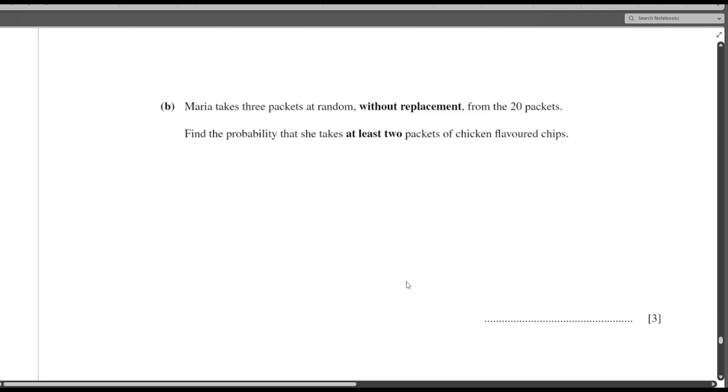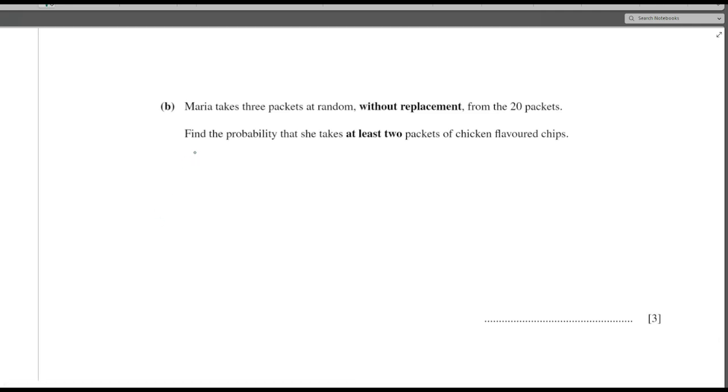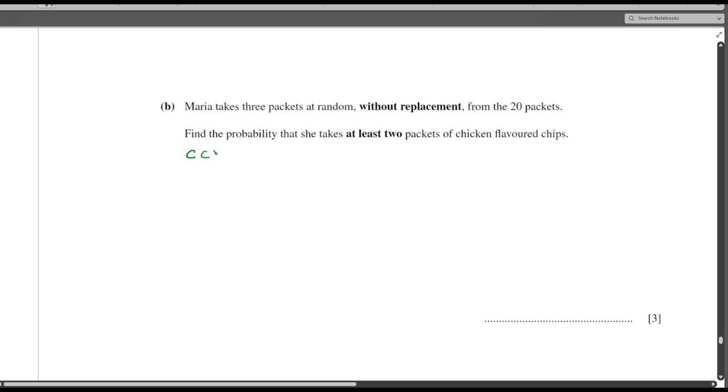Find the probability that she takes at least 2 packets of chicken flavored chips. Now 2 packets of chicken flavored. So I will say chicken, chicken and some other flavored chips, or chicken, some other flavored chips, and then chicken, or other flavored chips, then chicken, chicken, or all are chicken flavored chips.